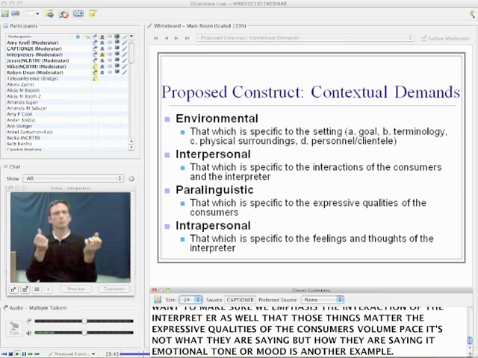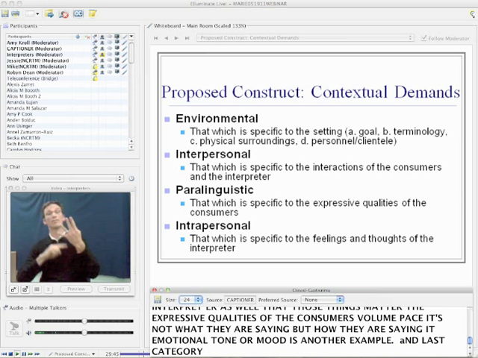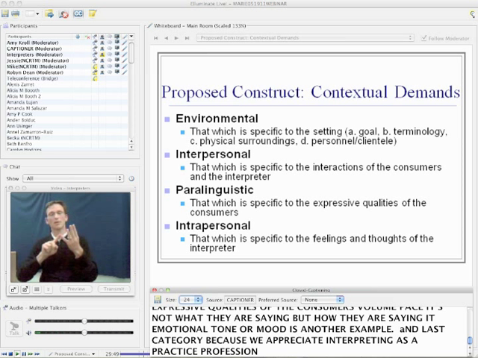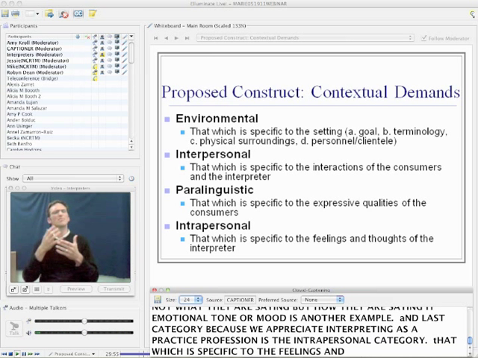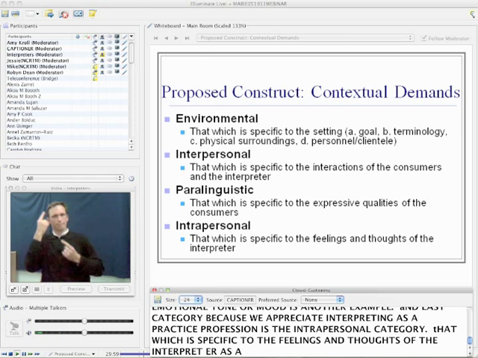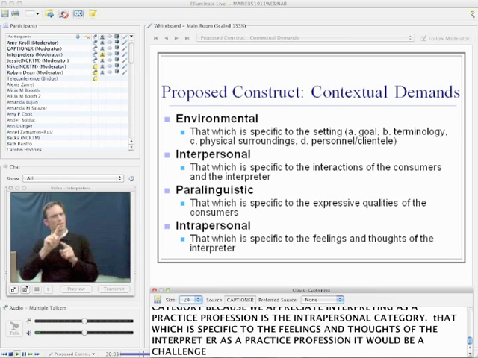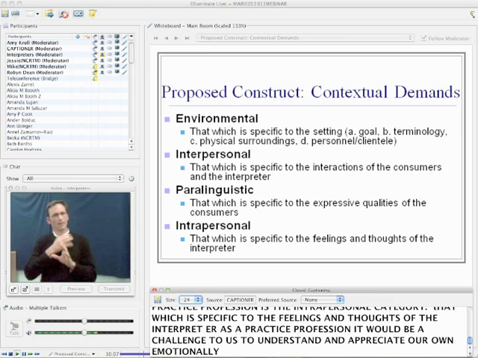And the last category, because we appreciate interpreting as a practice profession, is the intrapersonal category. That which is specific to the feelings and thoughts of the interpreter. As a practice profession, it would be a challenge to us to understand and appreciate our own emotional, psychological, and cognitive content so that we can ensure and work towards neutrality.